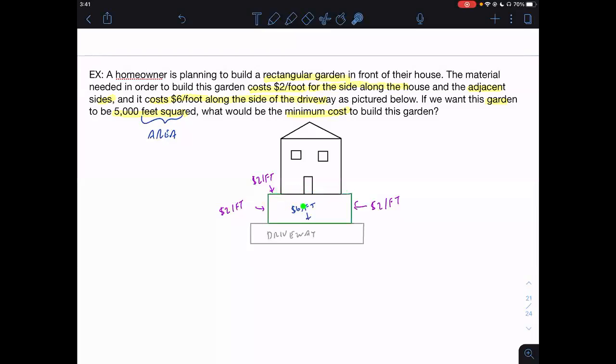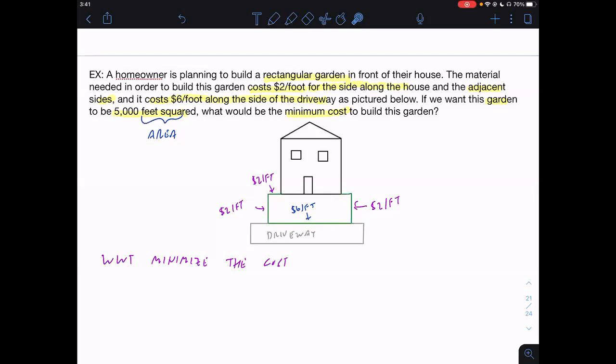But then it's going to cost us $6 a foot for the material needed to build this side on the bottom here. So for this problem, we want to minimize cost. Here we have to develop a cost function to represent how much we're going to spend for the material that's needed for the sides of this garden.